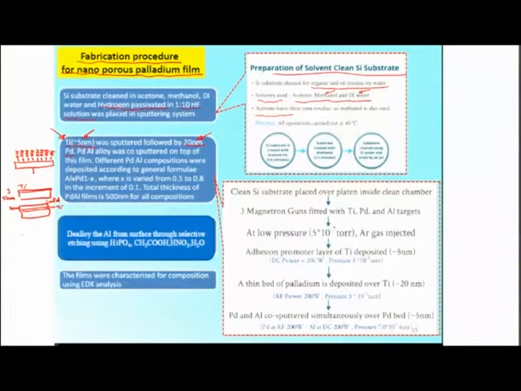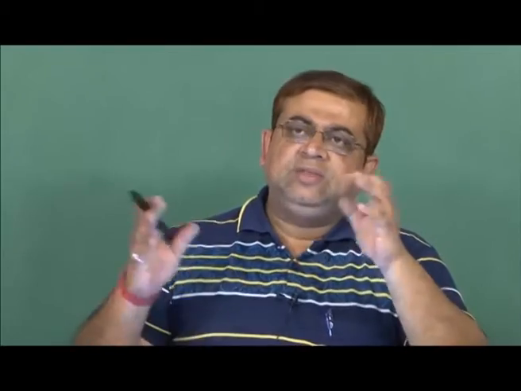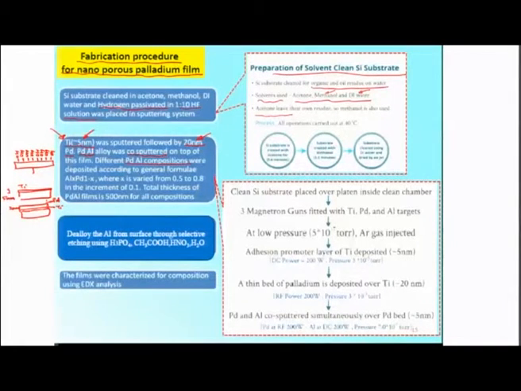And then finally we deposit an alloy, a palladium aluminum alloy which is co-sputtered from 2 targets, one where we are using the magnetron gun and the other with a DC bias. So both the palladium and the aluminum are knocked off together with the common plasma that is being created, and this palladium aluminum composition is deposited according to the general formula Al_x Pd_(1-x), where x is varied between 0.5 and 0.8.